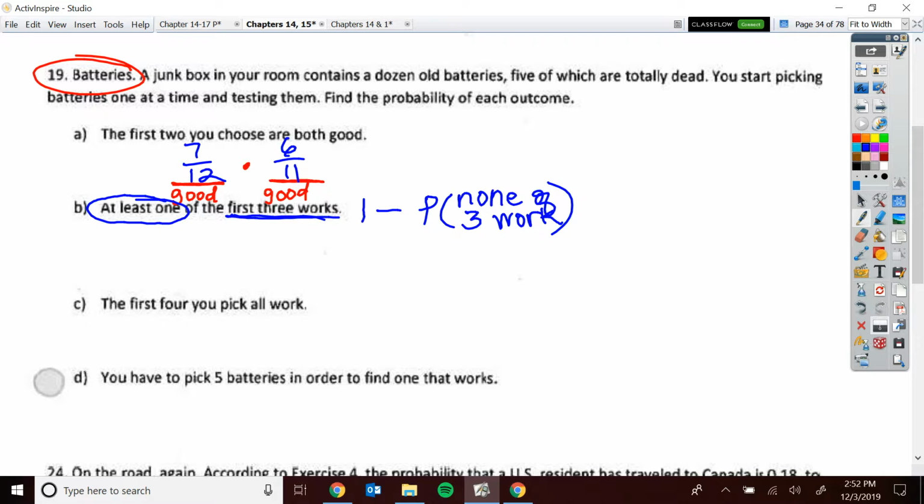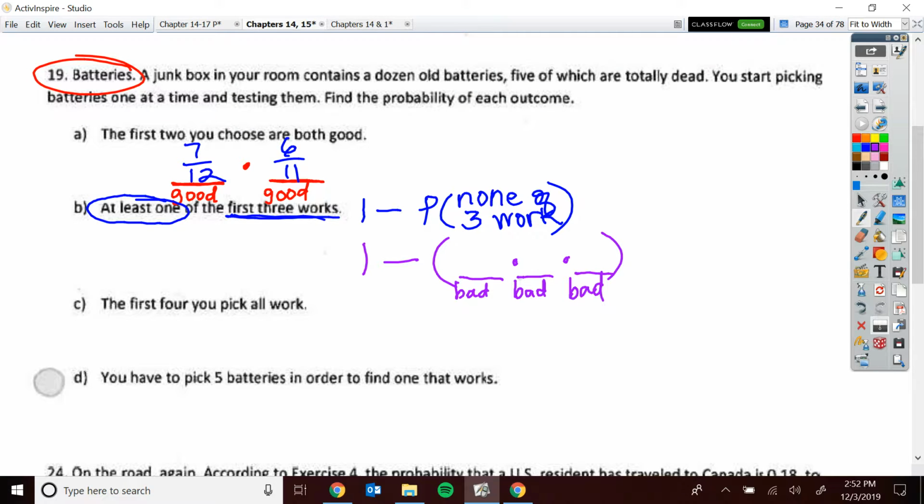So how does that look? 1 minus, and I need this one to not work, and this one to not work, and this one to not work. Think about that for a minute. If none of the three work, that means that they're all bad. No, at least one of them works.